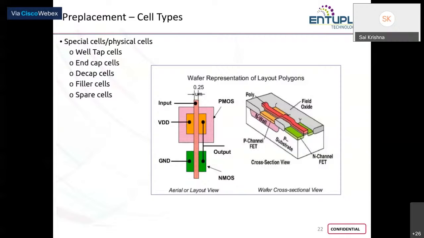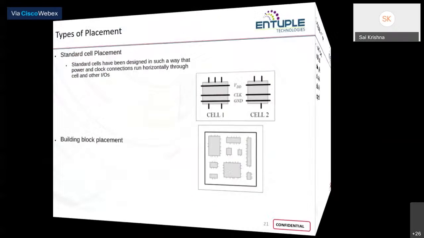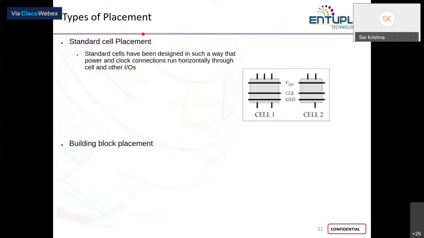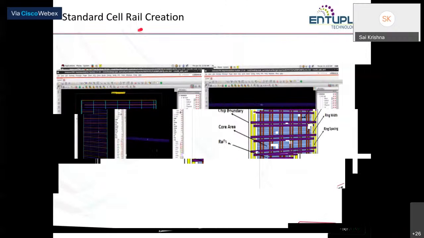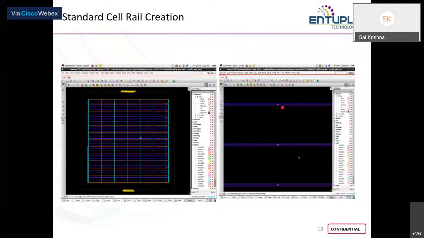a few cells might partially or fully be placed between two standard cell rows, but out of your core boundary. Let's say this is a core, this is the boundary I have, and these are two standard cell rows.